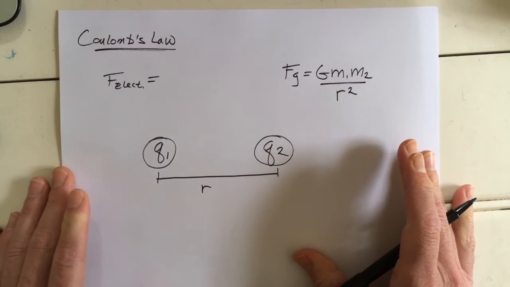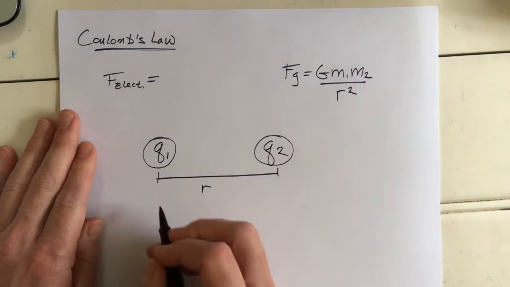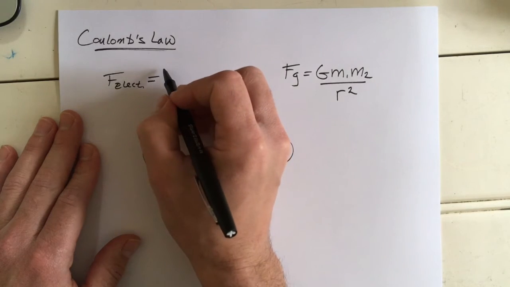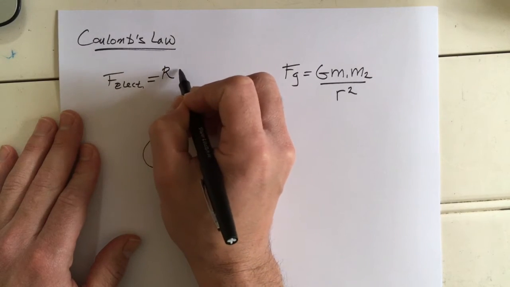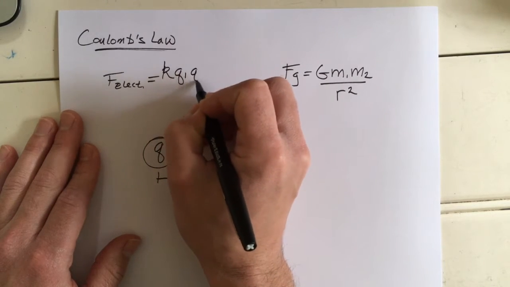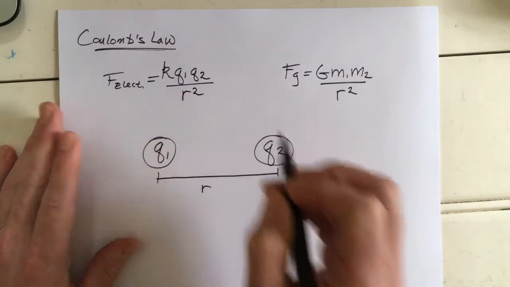And instead of G, we're going to be using something called the electrostatic constant. So let's go ahead and write that out. It's going to be lowercase k, k q1 q2 over r squared.